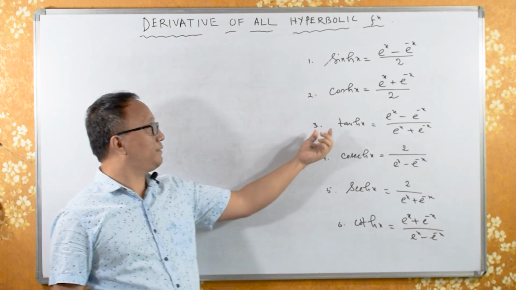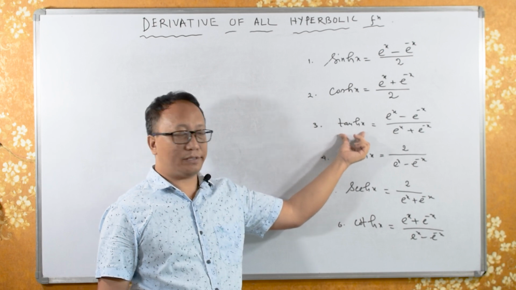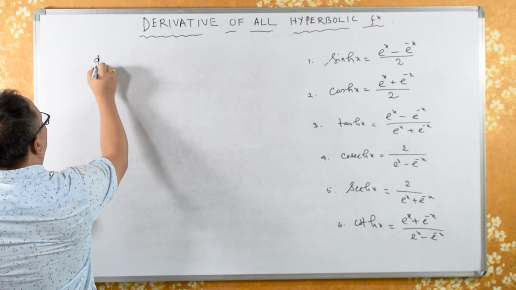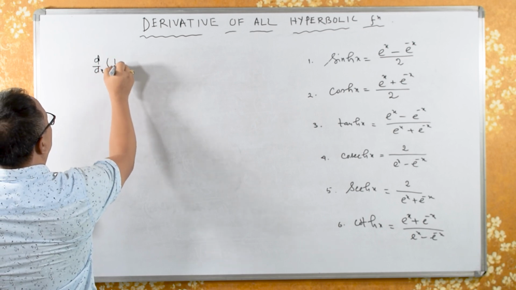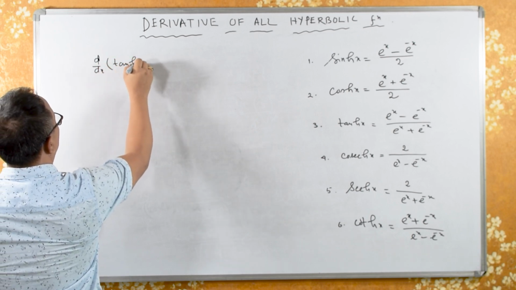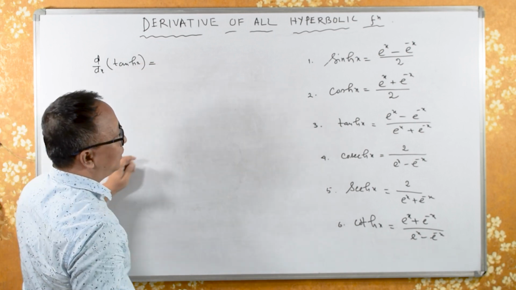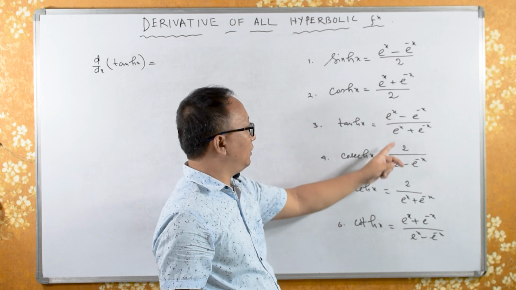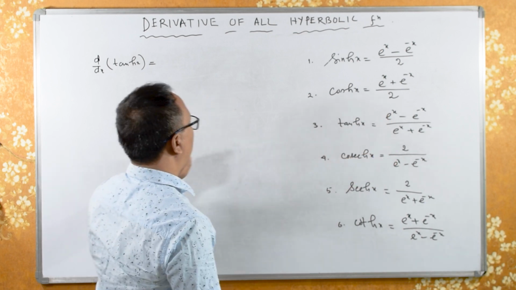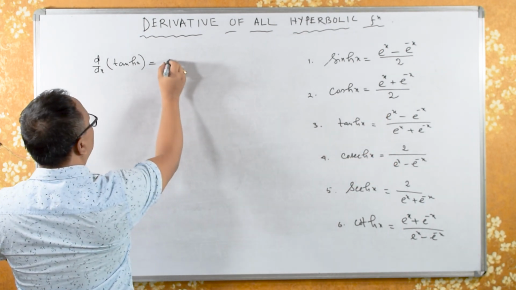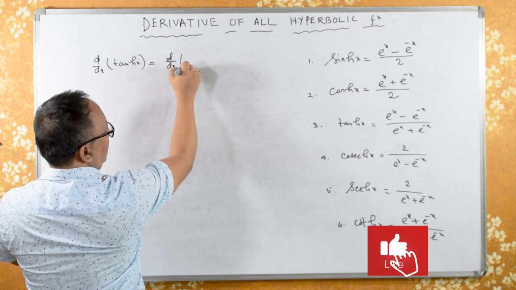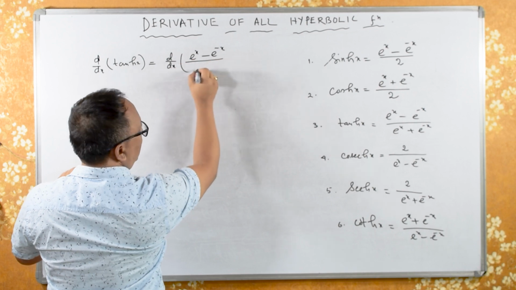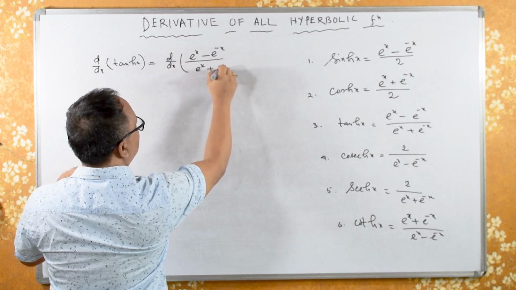Next, let's find d by dx of tanh x. d by dx of tanh x is equal to, you can apply from here. Either you can do one thing, d by dx of e raised to x minus e raised to minus x upon e raised to x plus e raised to minus x.